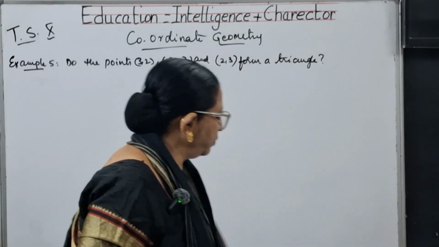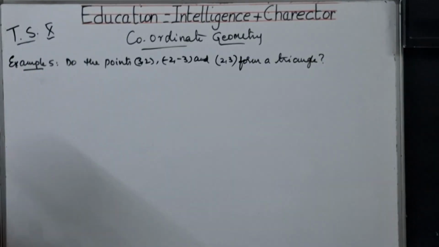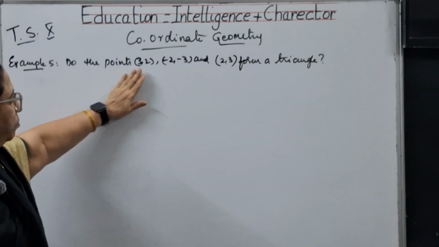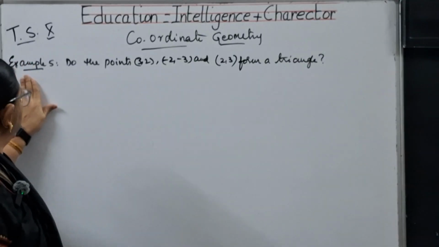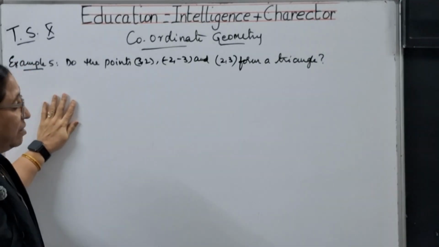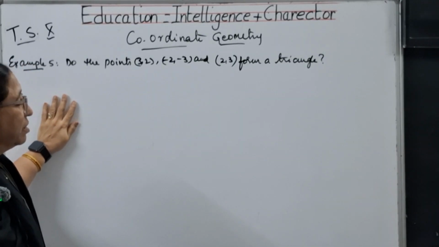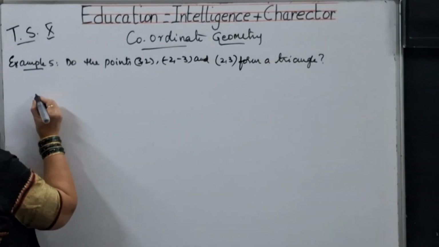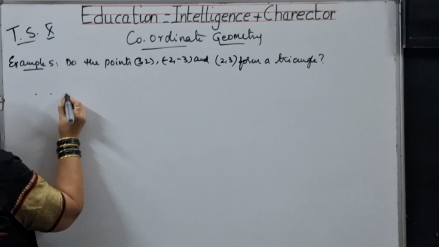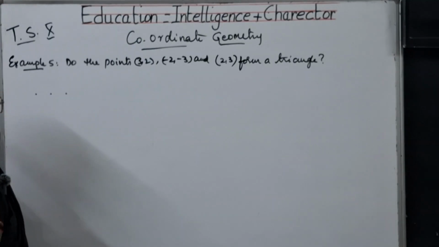Now example 5, children. Do the points (3, 2), (minus 2, minus 3), (2, 3) form a triangle? Let us have a small discussion about this problem, children. When 3 points are given, you have got one property.